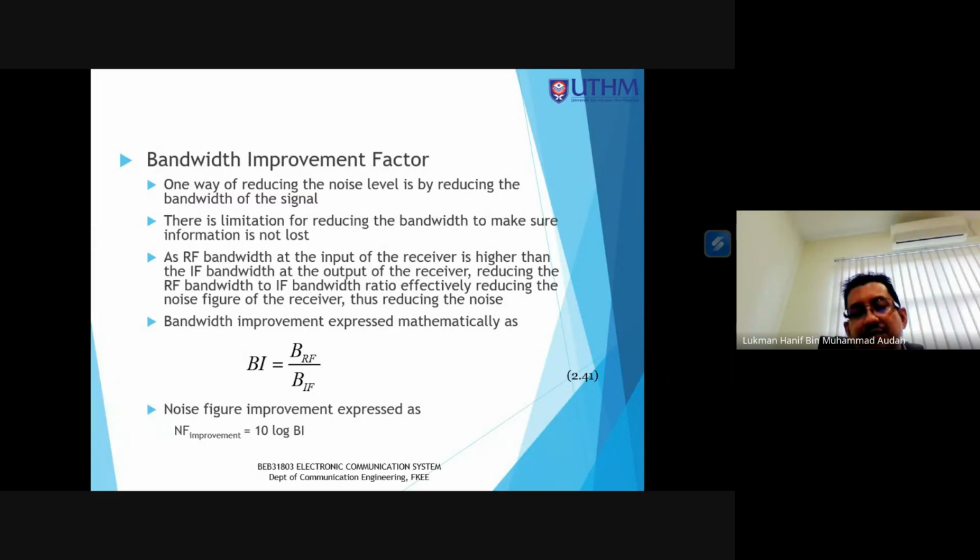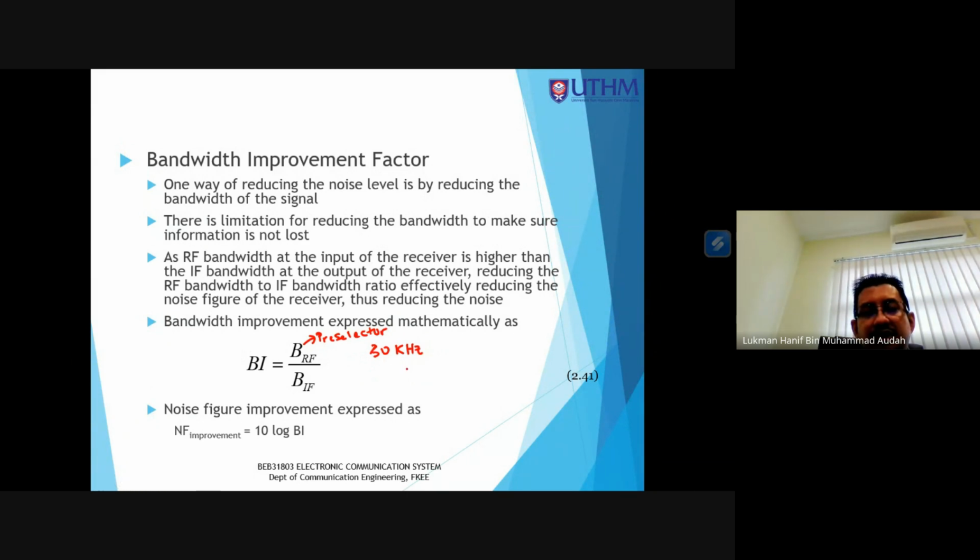In the previous example, as we have seen, the bandwidth of RF is around 30 kilohertz. So this is the output from the pre-selector.